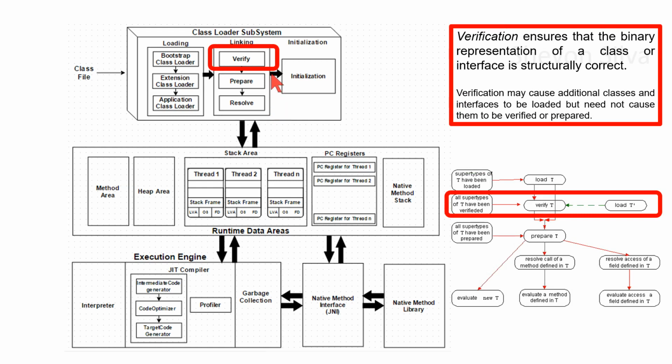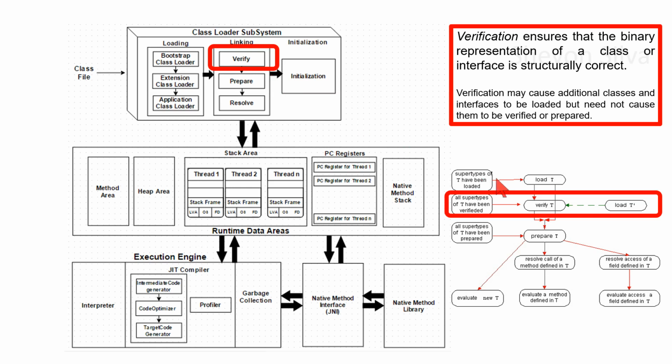Now we are focusing on verify in linking. Verification ensures that the binary representation of a class or interface is structurally correct. Verification may cause additional classes and interfaces to be loaded but need not cause them to be verified or prepared.